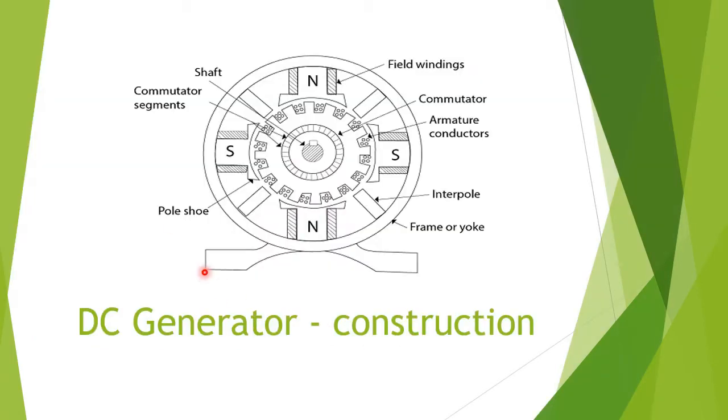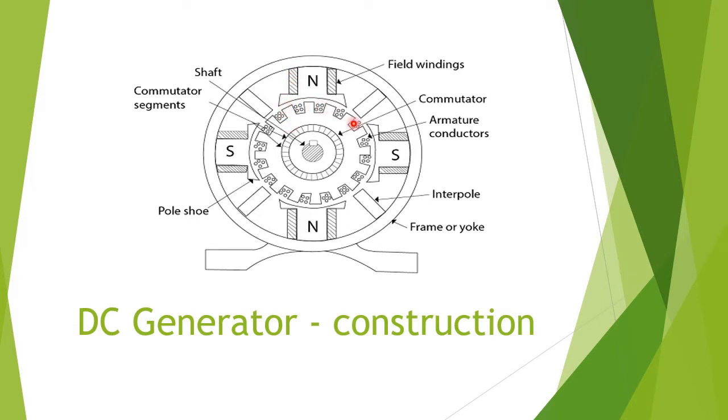This is the DC generator. While drawing in exams, you have to draw it like this. This is the frame or yoke, and these are the field poles. This part is the pole shoes. You can say this is the pole cores or field poles. This is the winding wound on the pole.